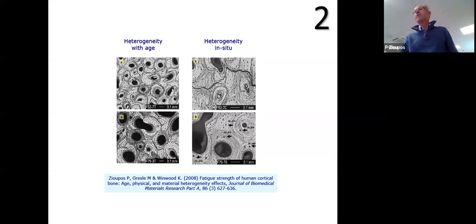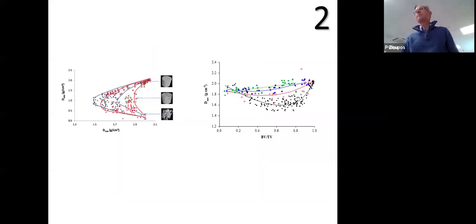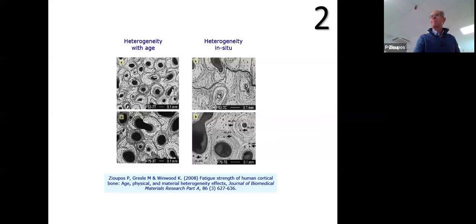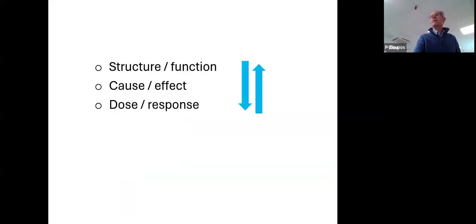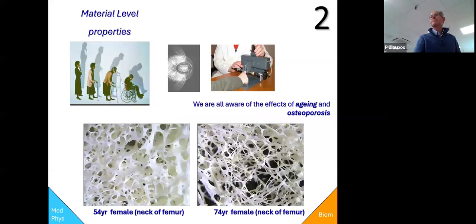So that was heterogeneity in situ and with age. Then we went into measuring bone material properties. The challenge here, as you see, and has been thought for a number of years, is to quantify the bone density or bone mass, and that will tell you 70 to 80% of the variability you see in bone strength.